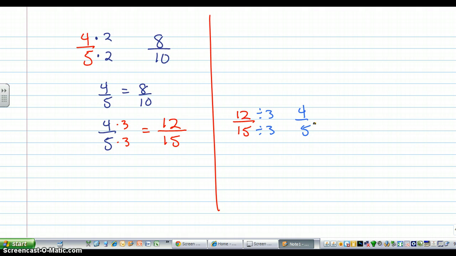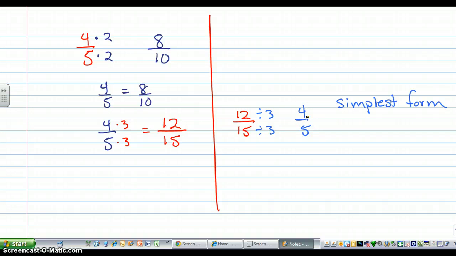And we say 4 fifths is in simplest form. And the reason why it's in simplest form is there's nothing that I can divide both of them by. So that is in simplest form.